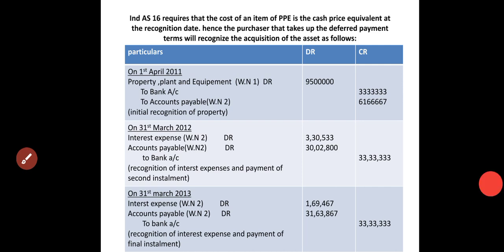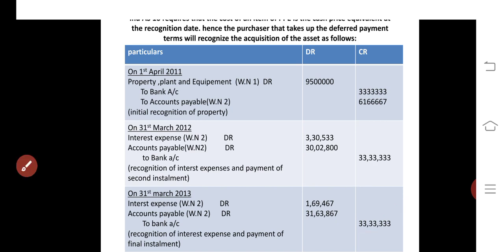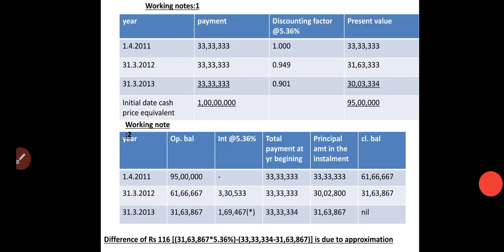So the third journal entry is interest expense account debit, this is the actual interest, and accounts payable principal amount at the end, and the actual installment amount is rupees 33,33,333, recognition of interest expense and payment of final installment. Only this much. I hope this one is clear, right? If you have any doubts, you can clarify it.